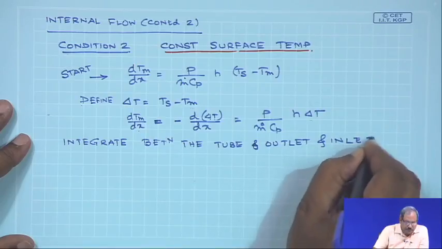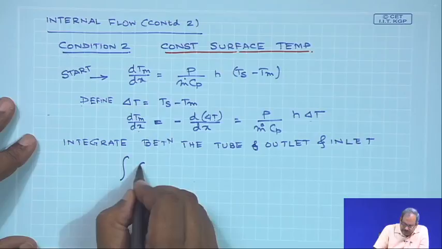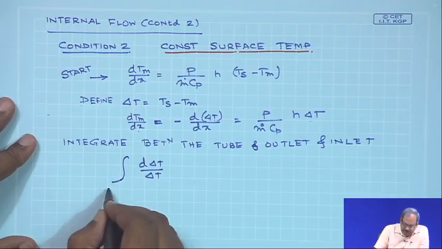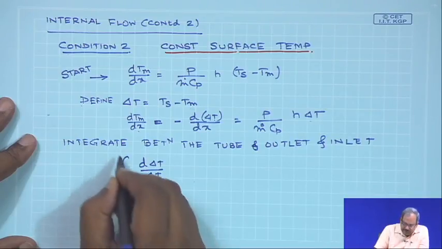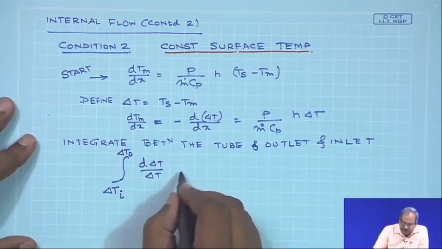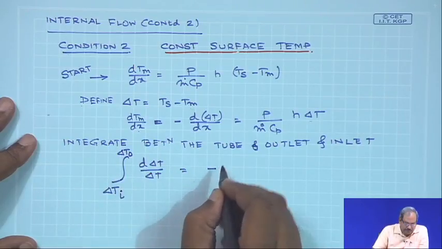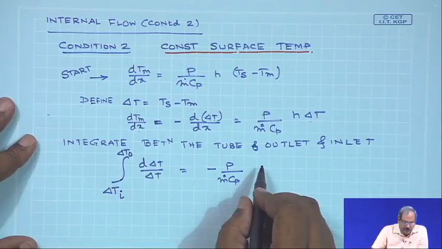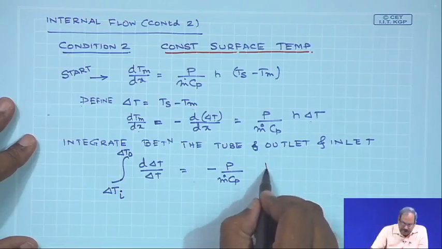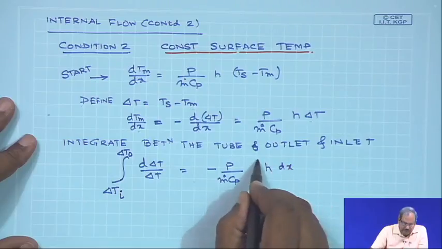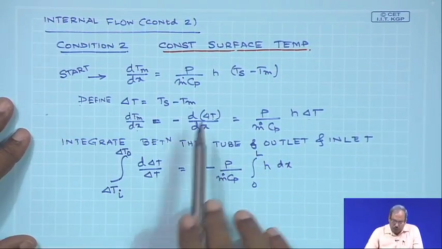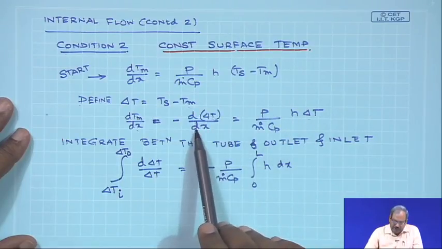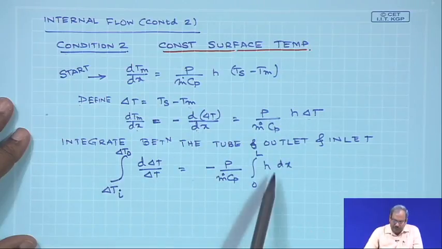When I do that, I get the integral of d delta T by delta T, from delta T at the inlet to delta T at the outlet, equal to minus P over m dot Cp times the integral of h dx from 0 to L. I haven't done anything additional: I put the delta T on one side and took the dx on the other.